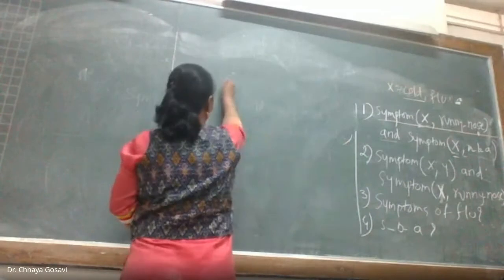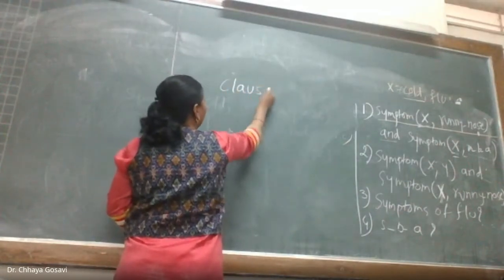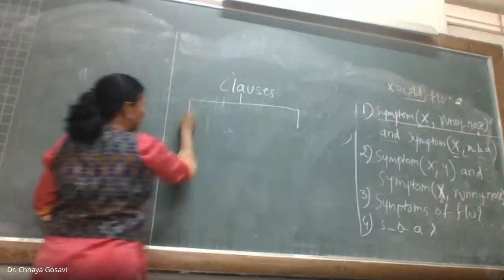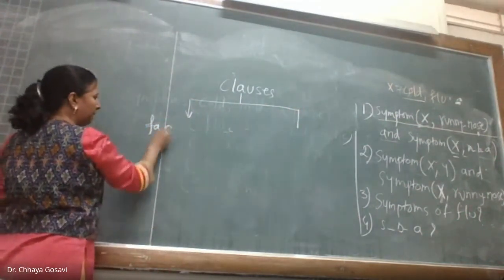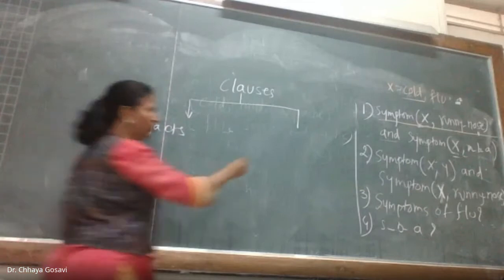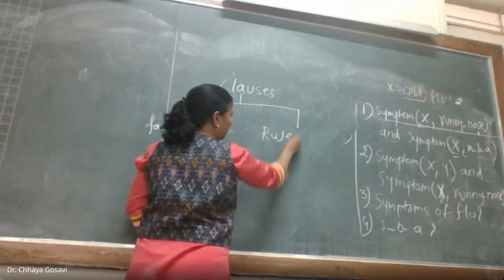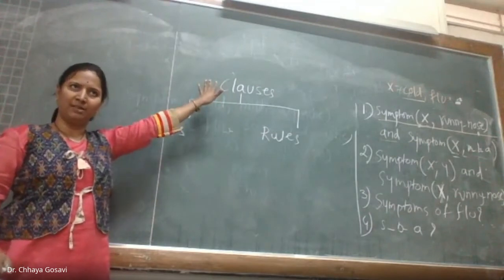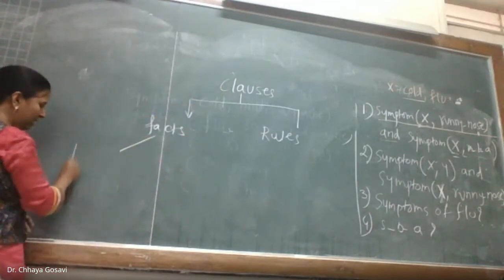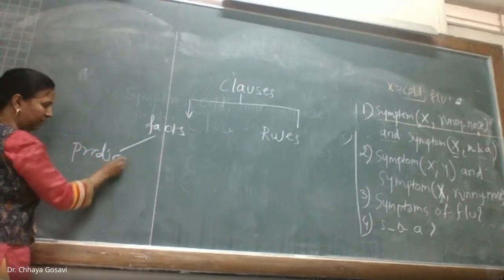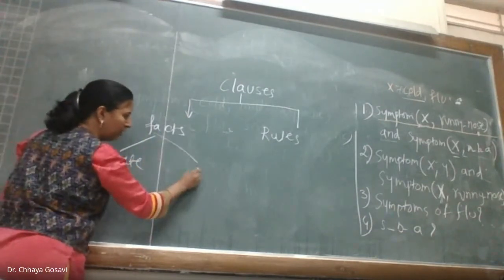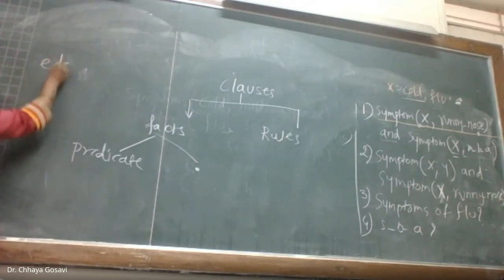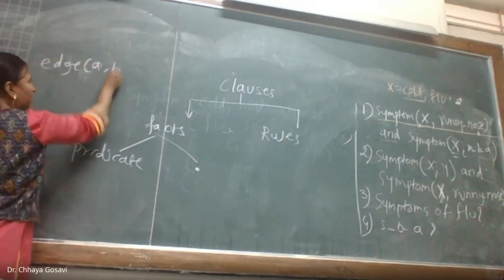Statements or clauses. There are two types of clauses: facts and rules. A fact is a clause, and a rule is also a clause. What is a fact? A fact is a predicate and a dot, like what we have written: age, A, comma, B and dot.